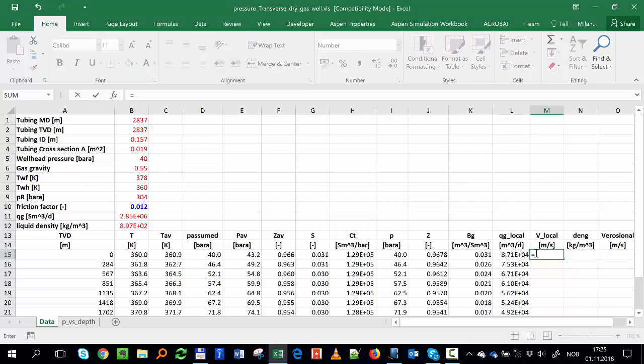We want the velocity in meters per second. So I have to divide the rate by the cross-section area, and I have to do something else. What do I have to do? Divide by 24 and 3,600, because of the units.